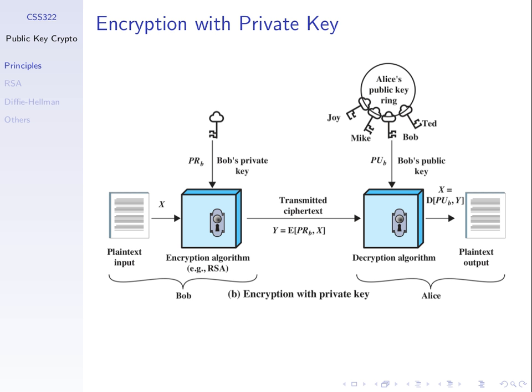If something's encrypted with a public key, it only decrypts with the corresponding private key. If something's encrypted with a private key, it only decrypts with the corresponding public key. In this case, plain text encrypted with Bob's private key, it will only successfully decrypt with Bob's public key.